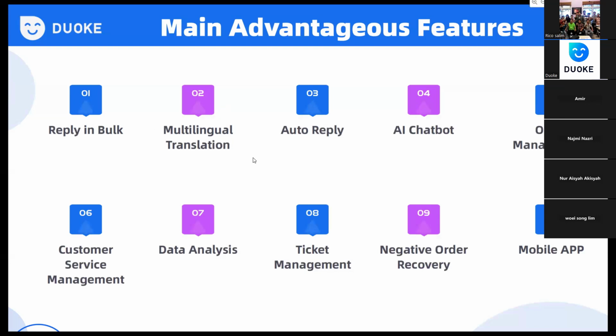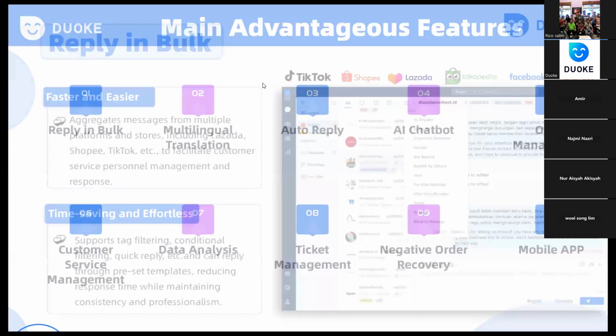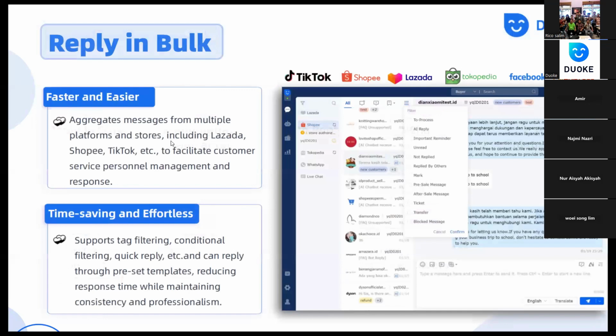Okay, and here there are also other functions, and I will introduce each function in detail. Now we look into the first one. The first one means that we can aggregate messages from multiple platforms and stores. As I said before, for example, Lazada, Shopee, TikTok, and if we have already authorized our stores on Duoke, then we can reply to messages on Duoke, as we can see in the right picture.